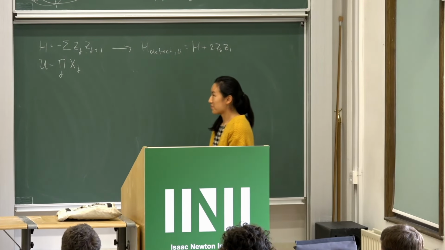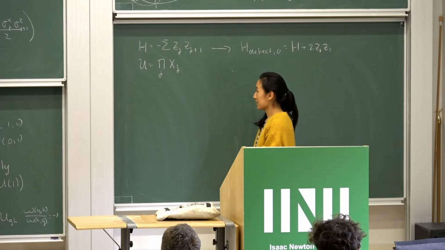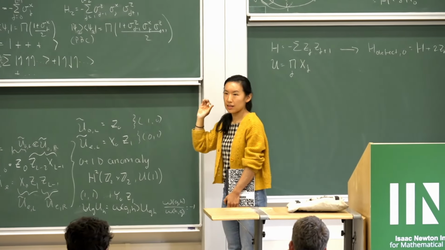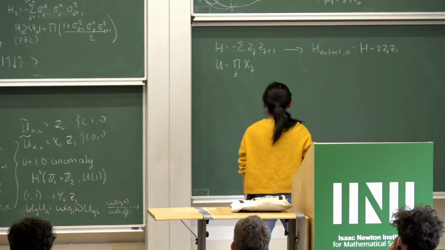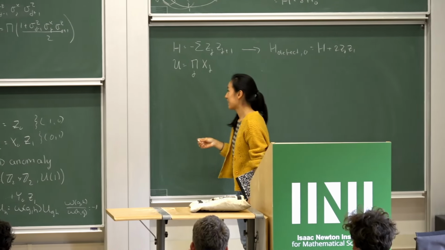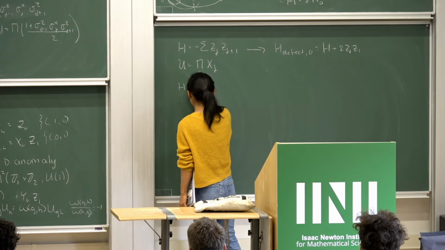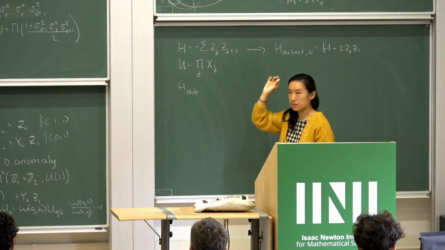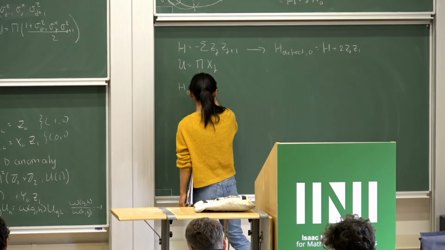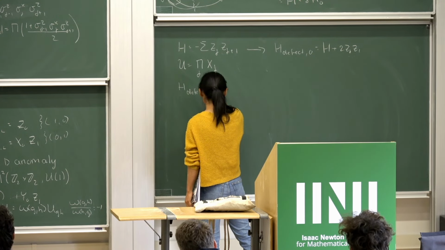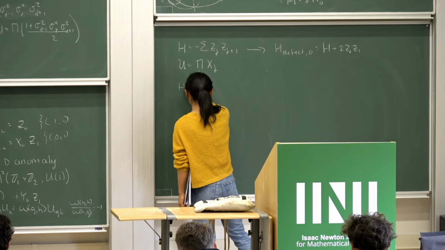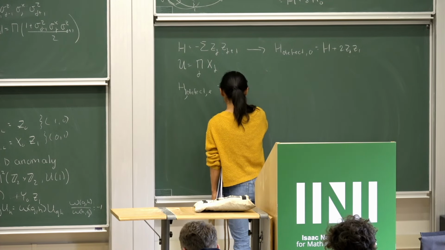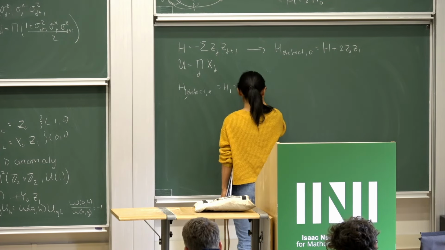So how do we see that the symmetry defects are different for H1 and H2? For H1, for any defect, I'm always going to put the defect at site 0 for concreteness. H1 defect, even or odd, equals H1.